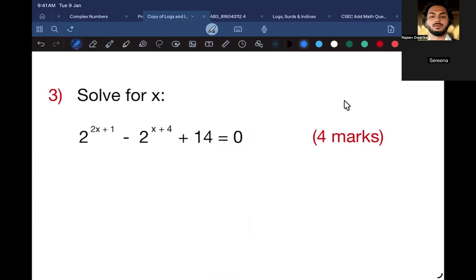Well, first, I wrote open brackets 2x close brackets 2 multiplied by 2 to the power of 1. So you would have split it up using the rules for indices, right?